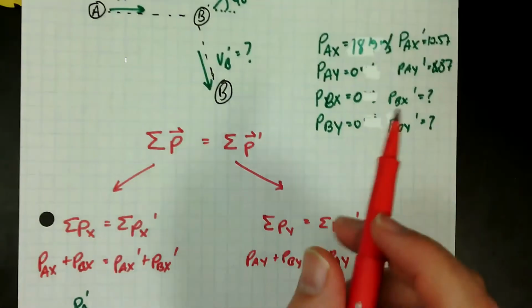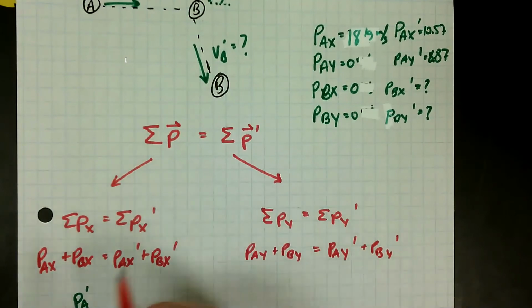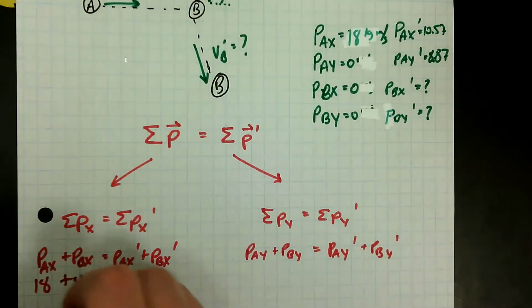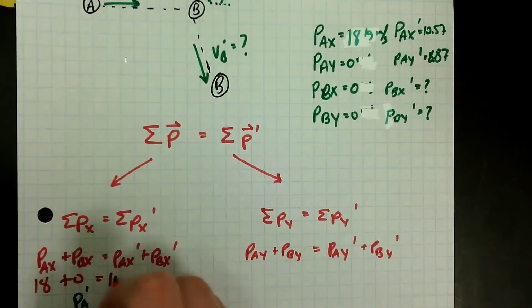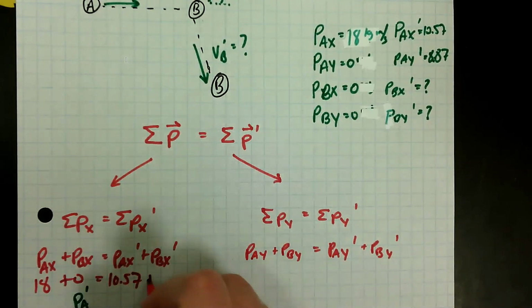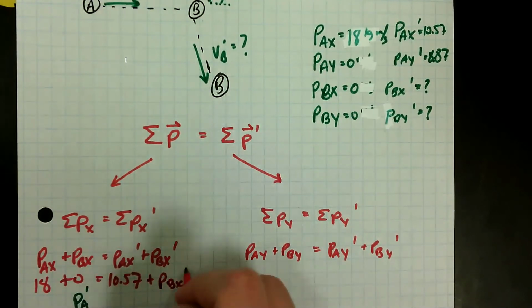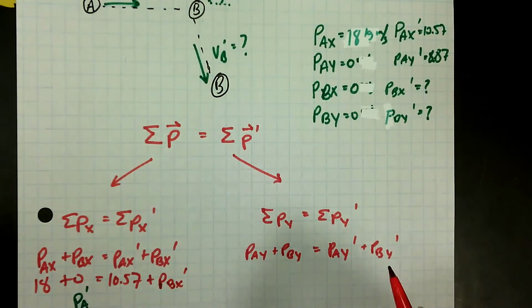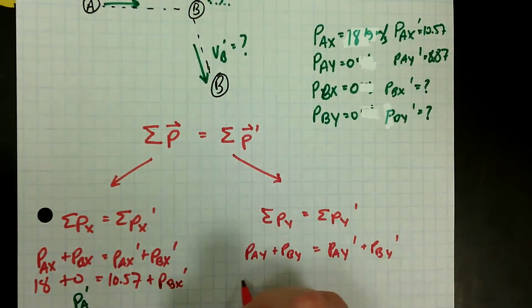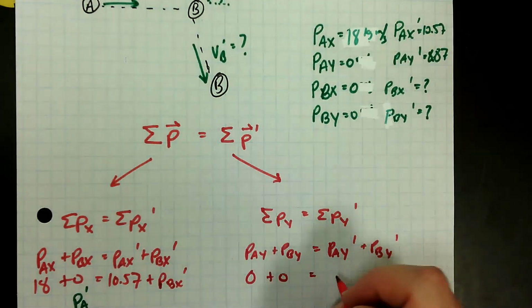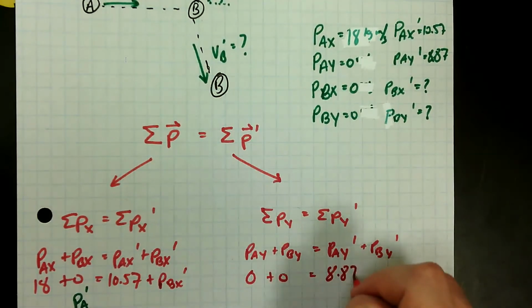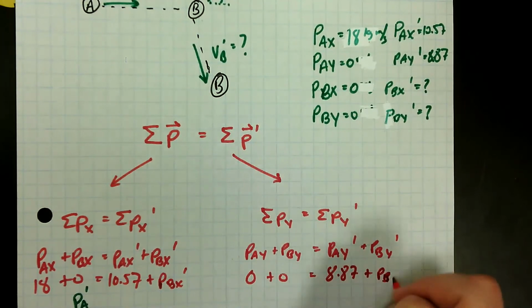Okay, so we need 18 plus 0 to be 10.57 plus PBX prime. And we need 0 plus 0 to be 8.87 plus PBY prime.